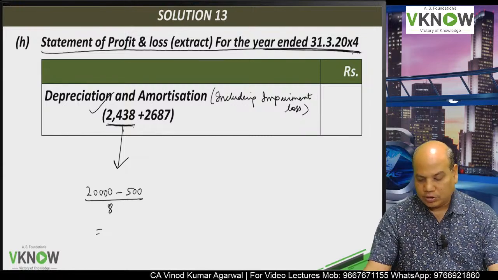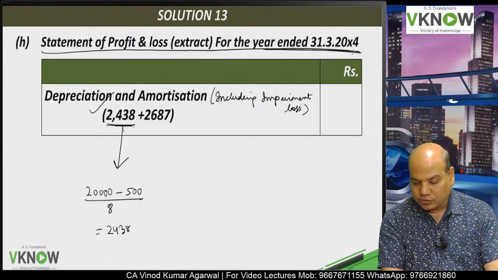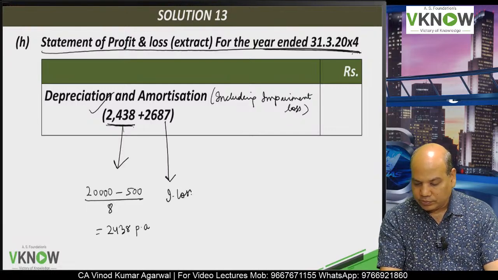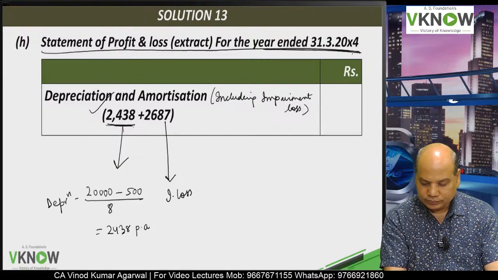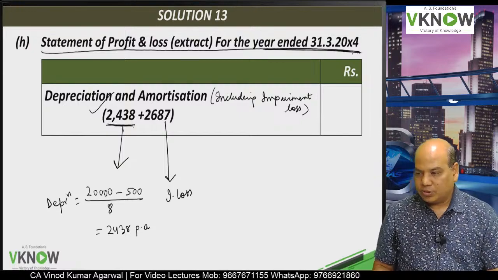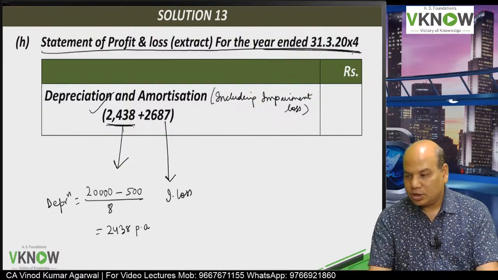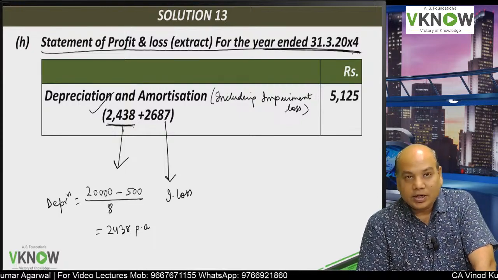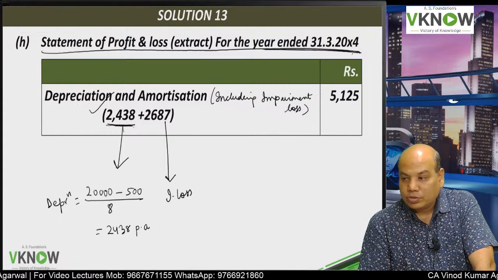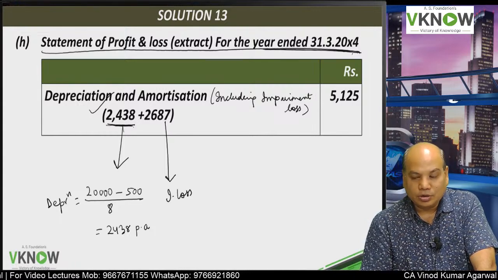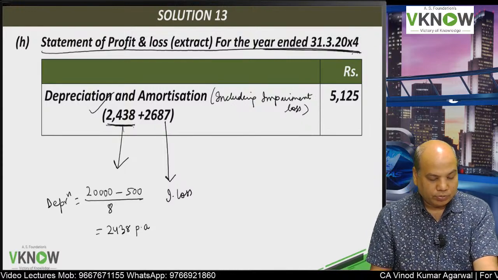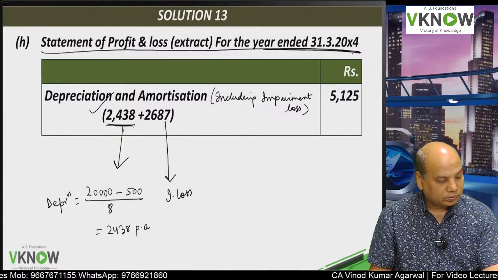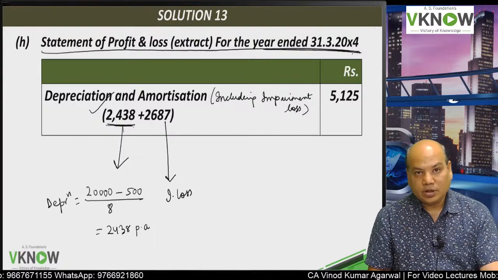So that is 2438. This is per annum depreciation, and this is impairment loss. Okay. Depreciation is 2438 and impairment loss is 2687. So in the year ended 31st March 2004, your profit and loss account will take a hit of 5128. 5128 will be charged to your profit and loss account. Is it right now?